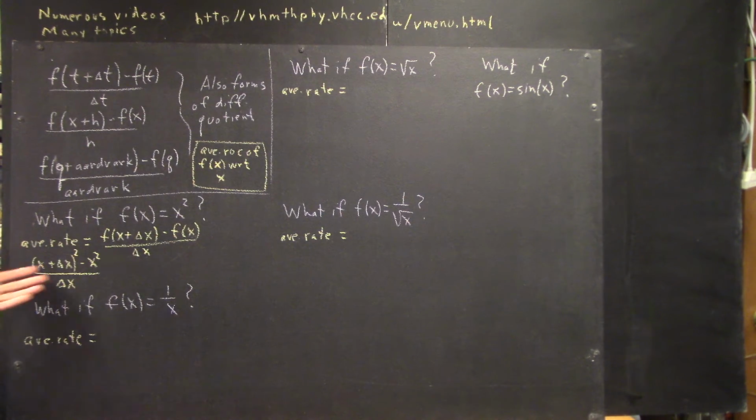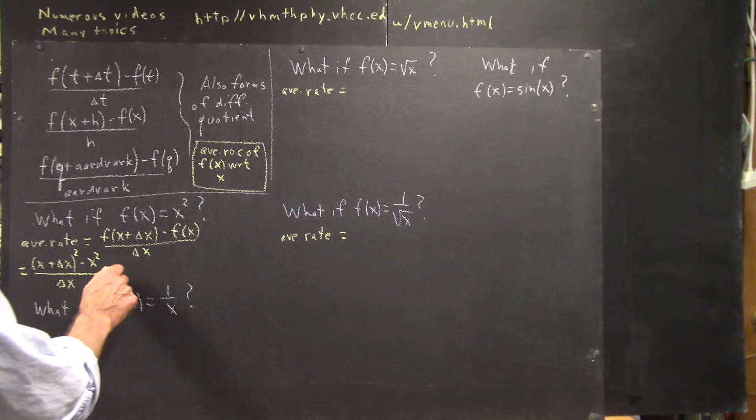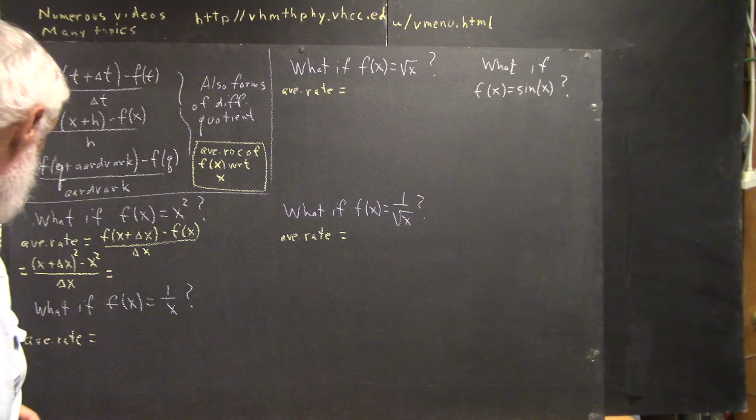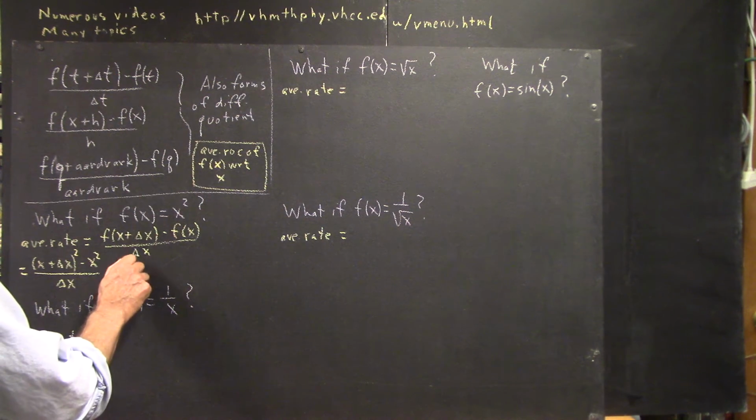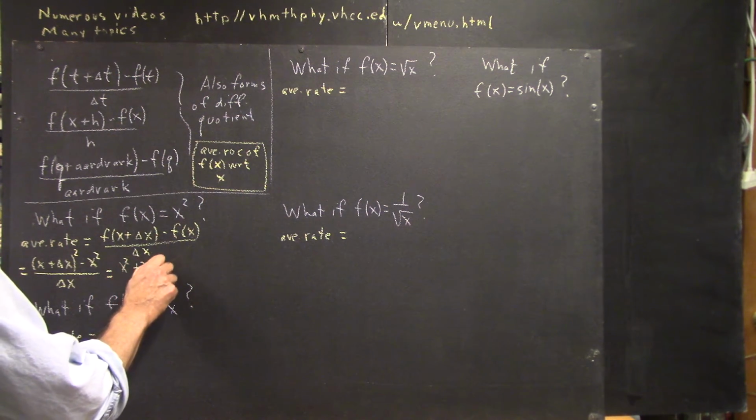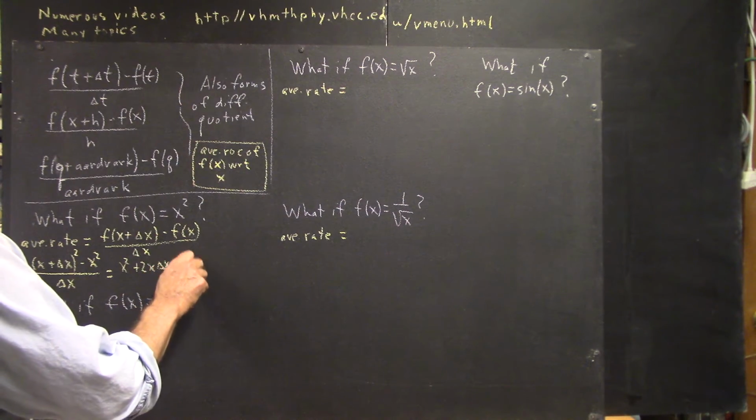Then of course, we get into expanding this and simplifying this. And that's actually very straightforward. Quantity x plus delta x squared is x squared plus 2x delta x plus delta x squared.